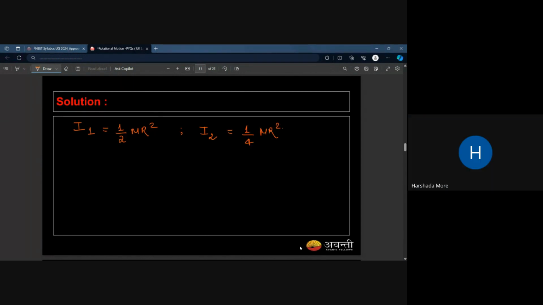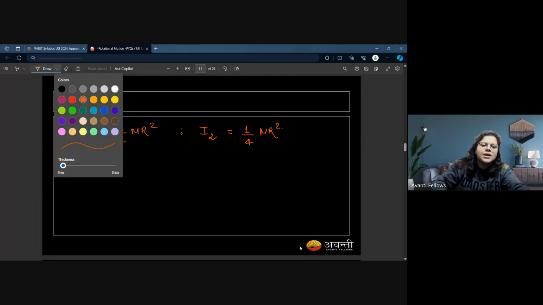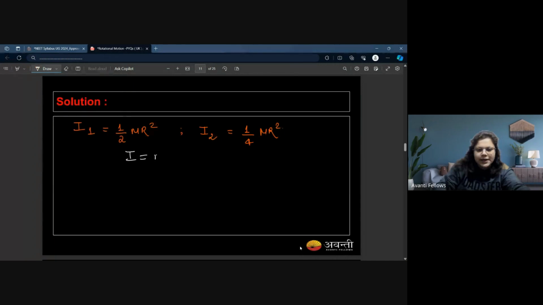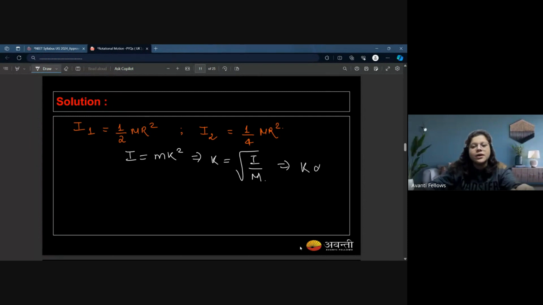Exactly. So what we do, we keep inertia as MK square. So from here, you can have K is under root I by M. Since M is the same, because the body is the same, the radius of gyration is directly proportional to under root of I. So if I want the ratio of these two things, it would be I1 by I2.